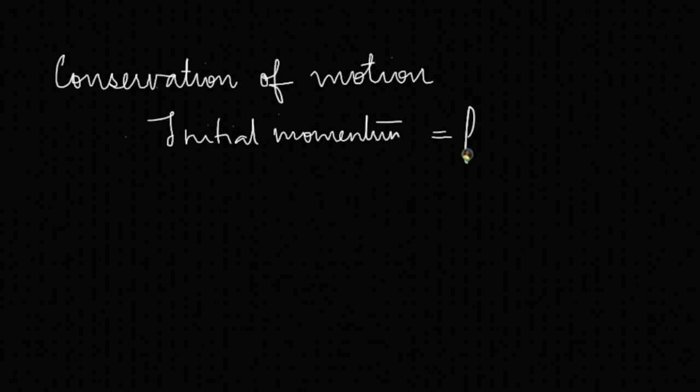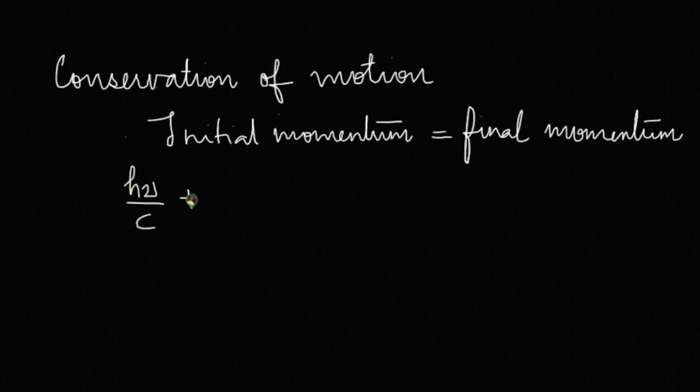We have to find the initial momentum and then look at the final momentum and equate them. Initially we had a photon moving with momentum h nu by c, and the electron was at rest, so its momentum is 0. That must be equal to the final momentum.